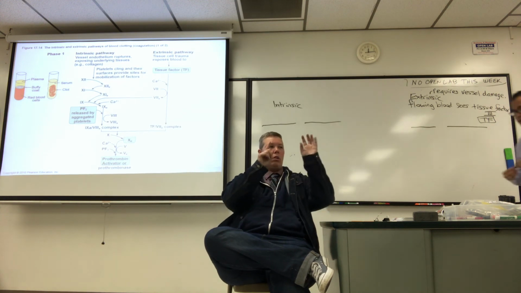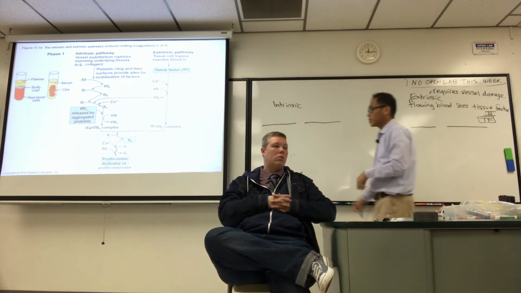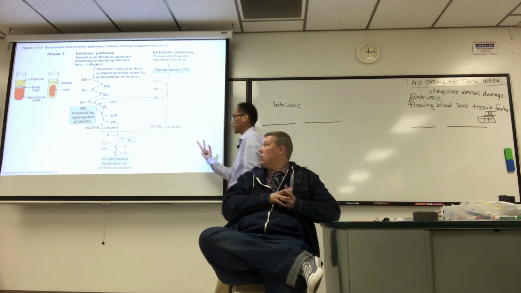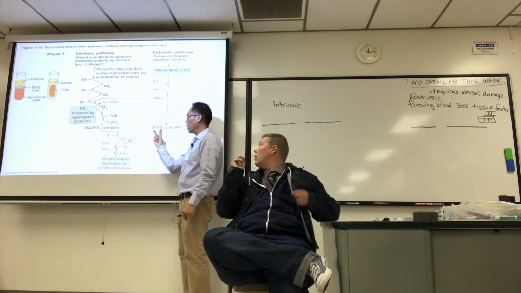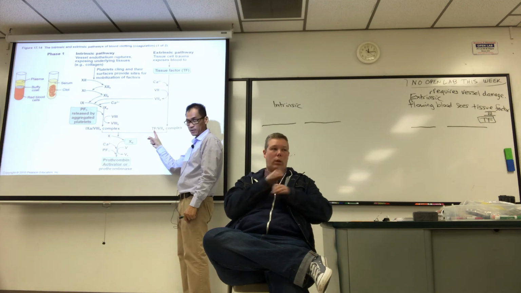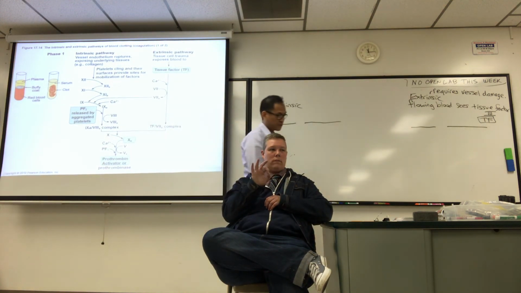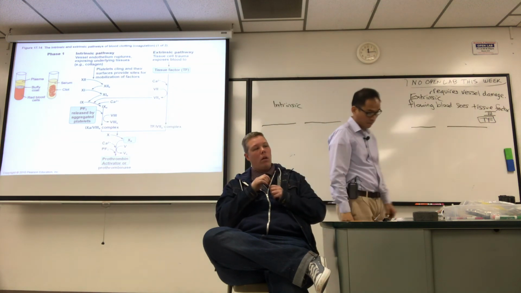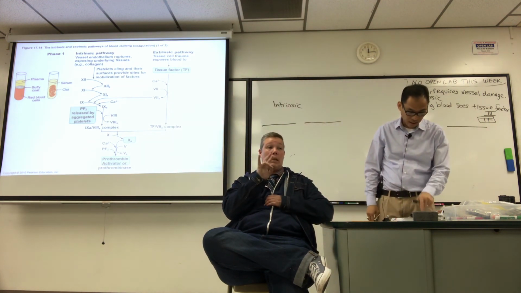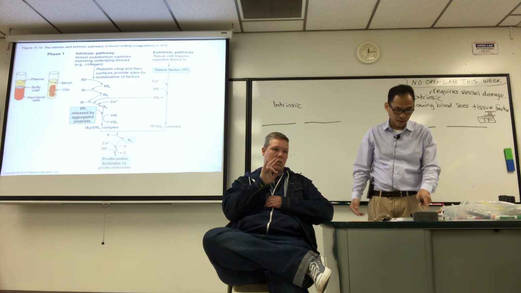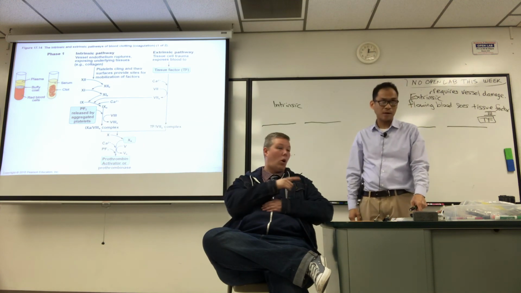So let's simplify by skipping to this part right here. These are the complexes that form that are very important. For the extrinsic pathway, the tissue factor complexes with factor 7, VII. You gotta love those Roman numerals, right? You don't have to look now, but refer to page 661 in your book.